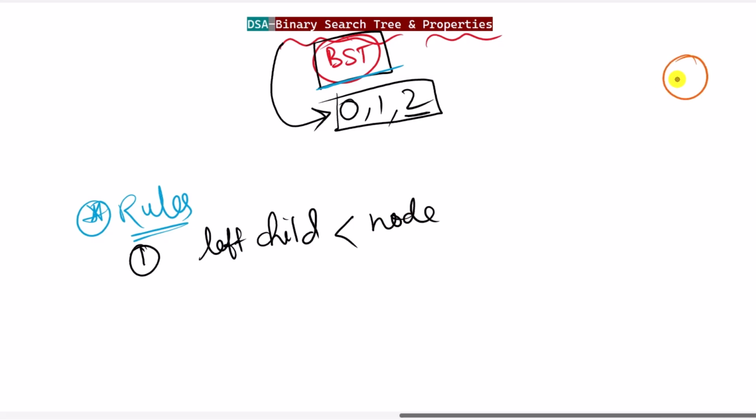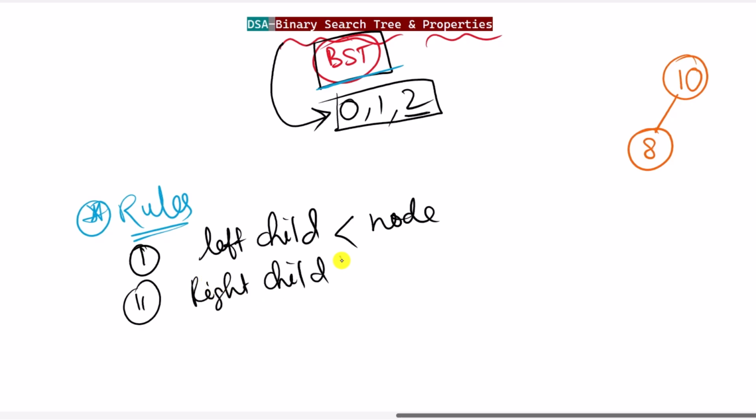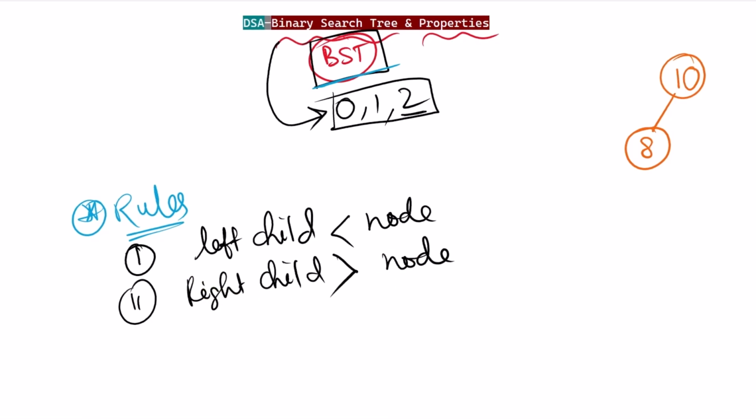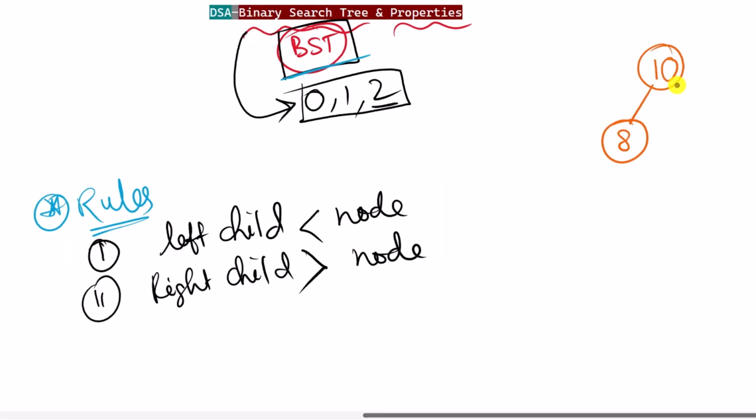Suppose we have a node with the value 10. The left child of this node should have a lesser value like 8. The second rule is that the right child value should be greater than the node. So the right child of this node should have a greater value like 15.